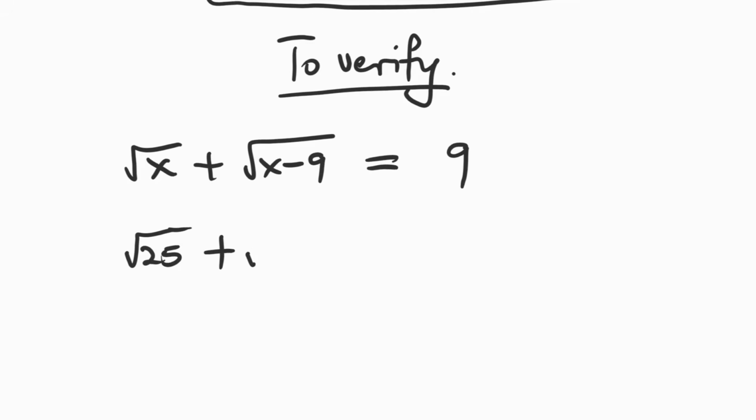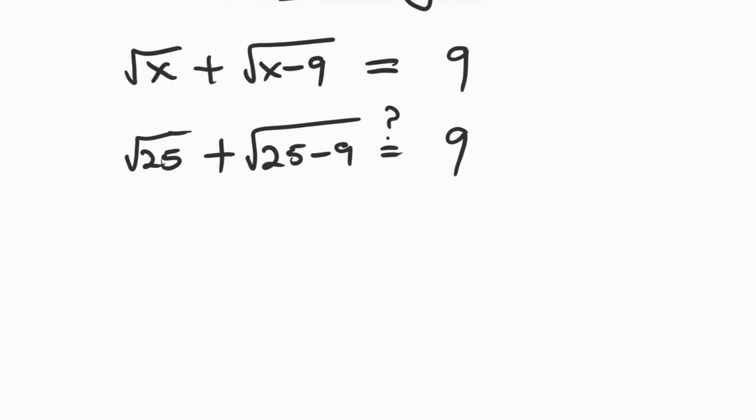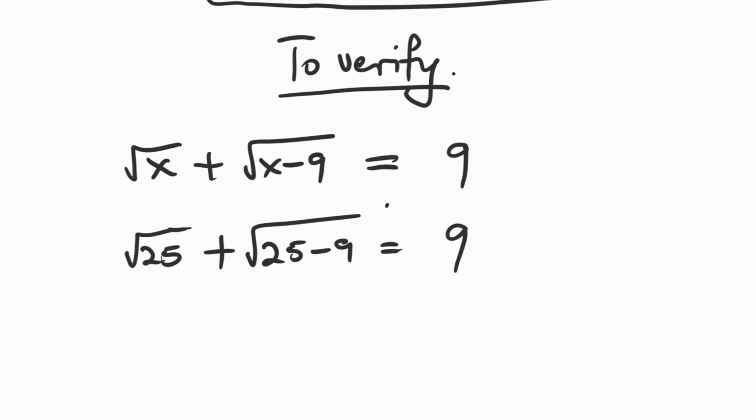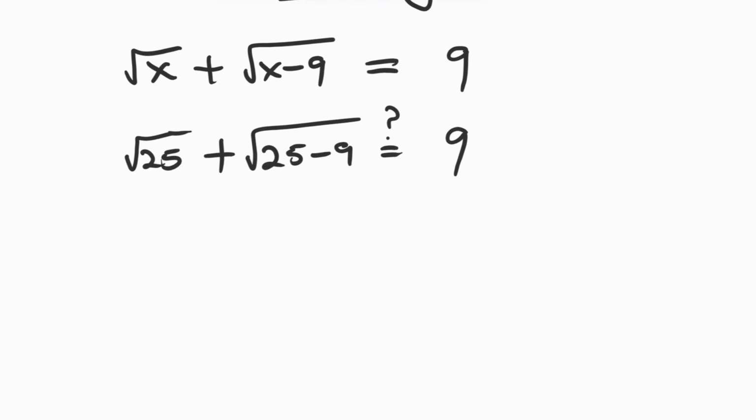So x is 25, so we'll plug in 25. Root of 25 plus the root of 25 minus 9 equals 9. Now square root of 25 is 5, plus 25 minus 9 will give us 16.